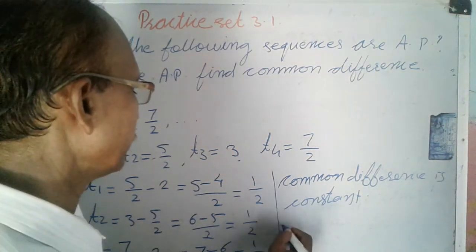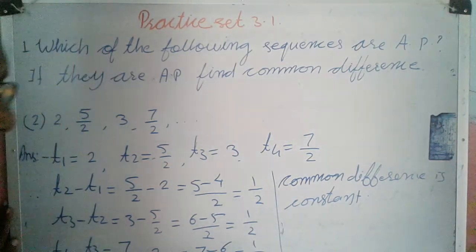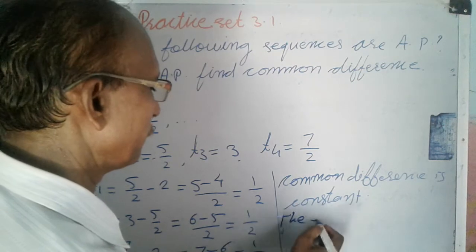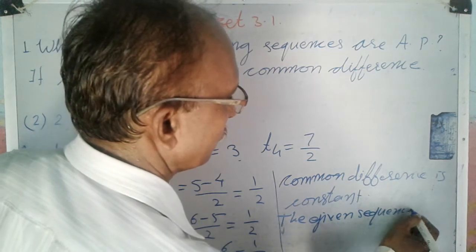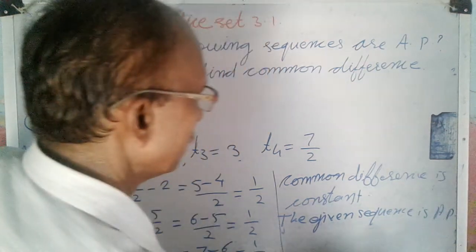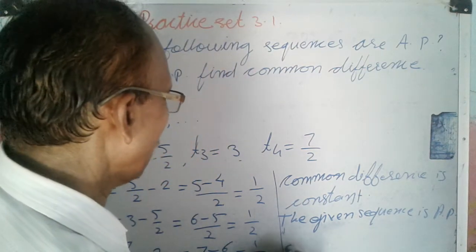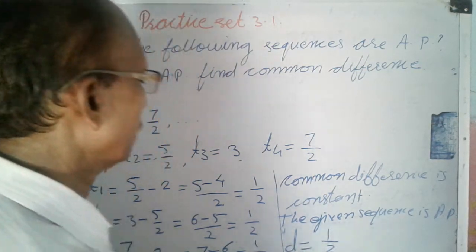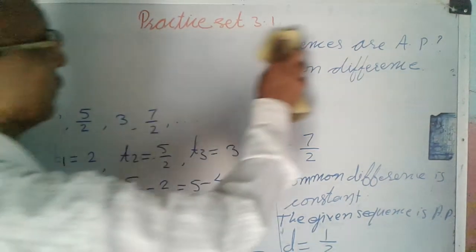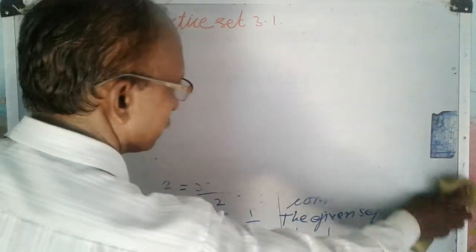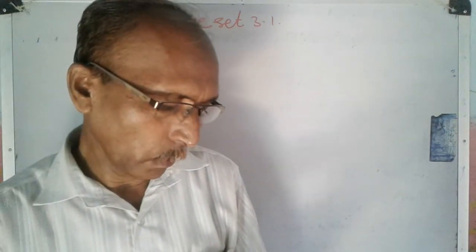So the answer is, the given sequence is AP and common difference d is equal to 1 half. Similarly, you can solve third, fourth, fifth, sixth.